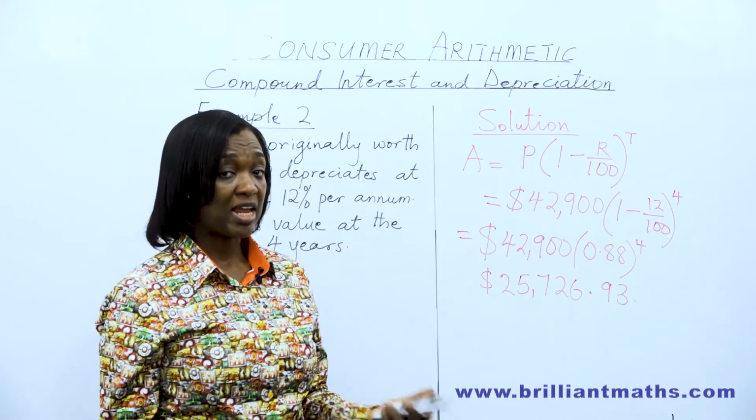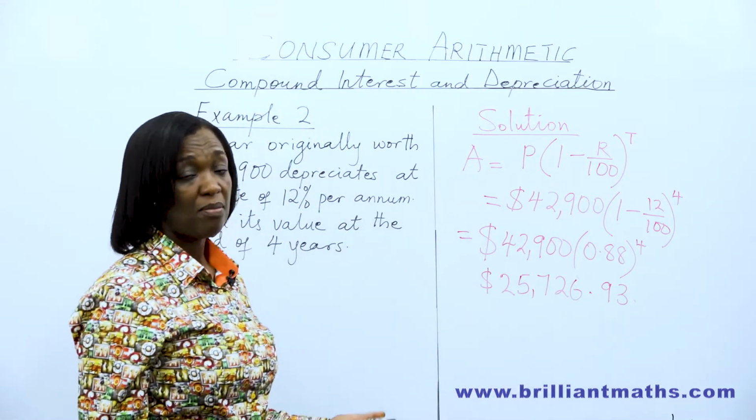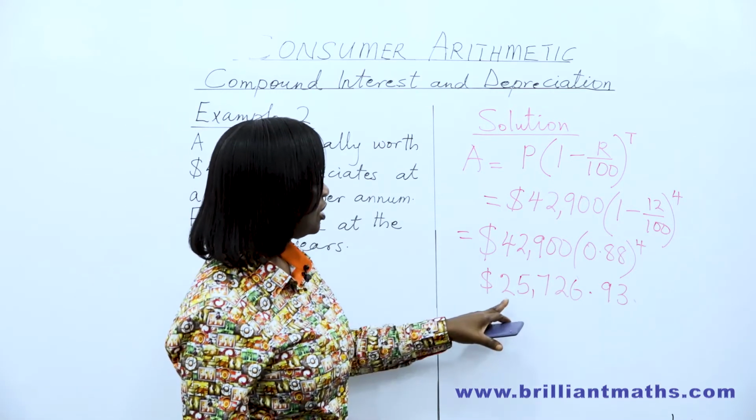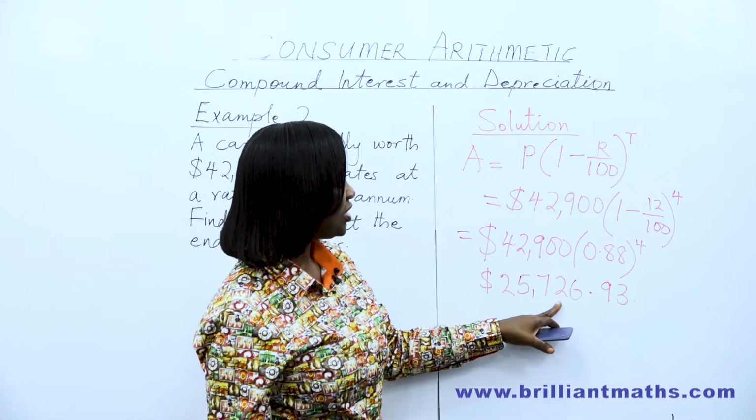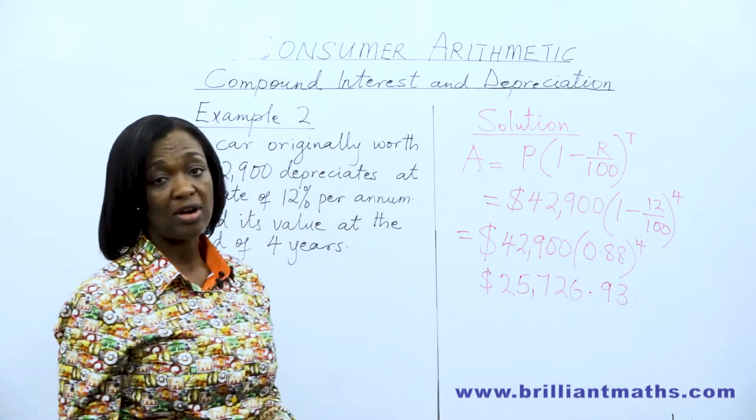And you can take a next step and calculate the depreciation by subtracting 25,726.93 from 42,900.